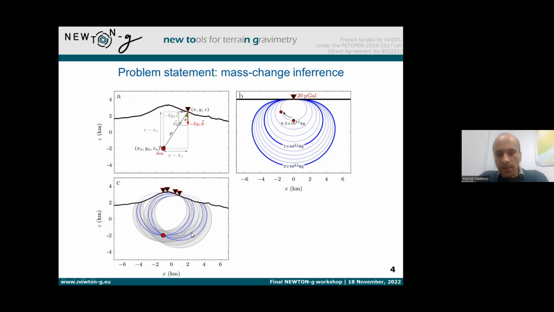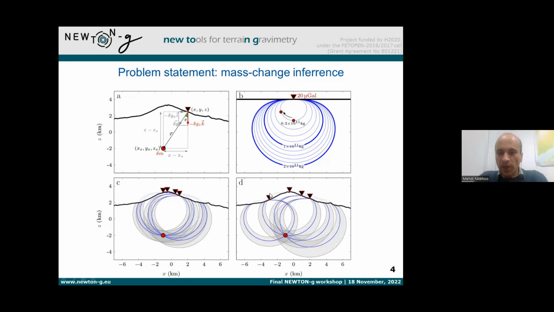And this uncertainty is a function of the gravimeter location. As you can see here in this panel, the area of the overlap is much smaller than in the previous configuration of the gravimeters.